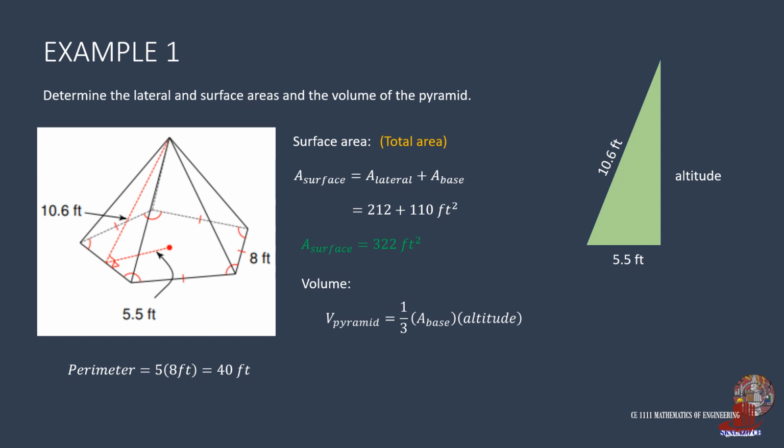The altitude or the height of the axis is solved through the Pythagorean theorem, that is, the root of 10.6 squared less 5.5 squared, which results to 9.06 feet. With both volume parameters already known, we can solve for the volume, that is a third of 110 times 9.06, which gives 332.2 cubic feet.